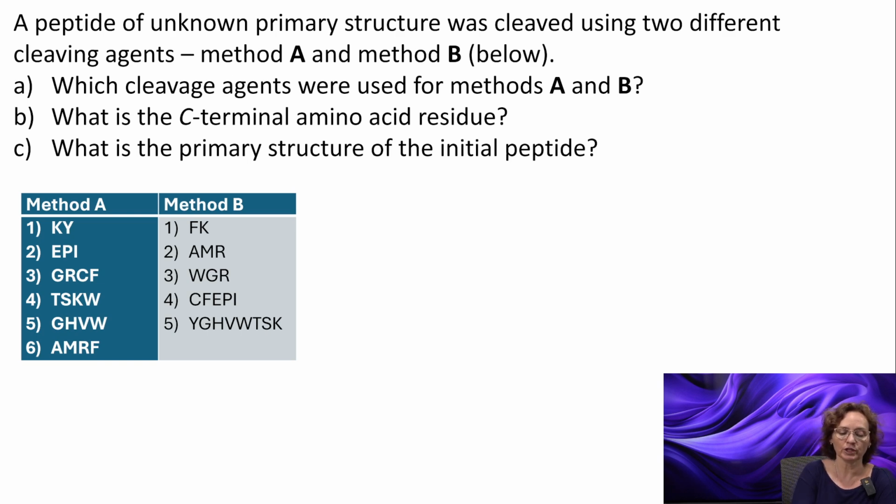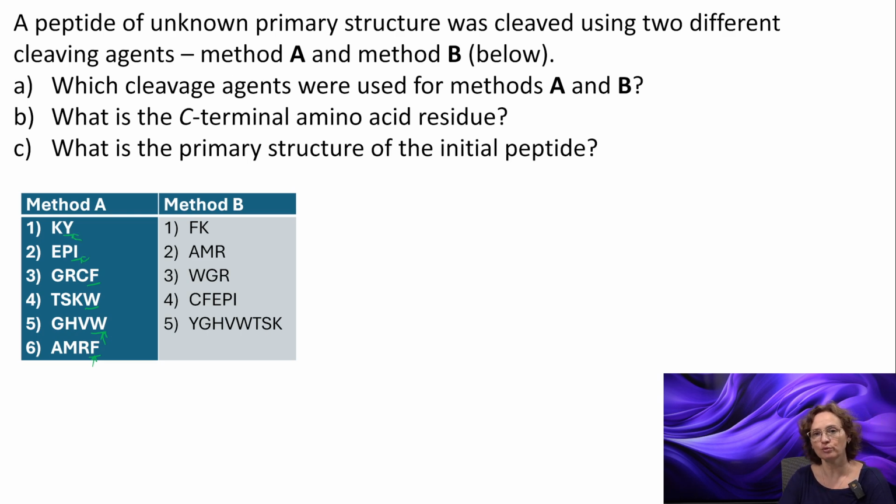For that, we need to analyze the nature of the C-terminal amino acid residues of each of the fragments and deduce a pattern, because we know that cleaving agents cleave after certain types of amino acids. So here we see phenylalanine, tryptophan, tyrosine, and one which is odd, isoleucine.